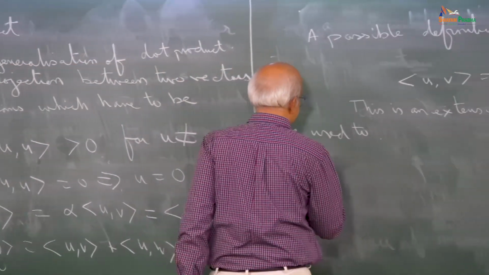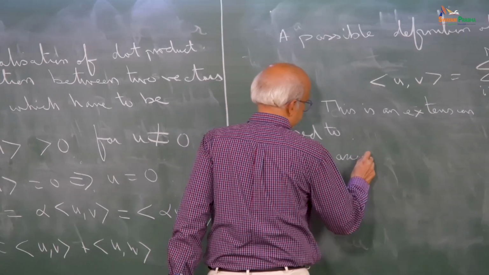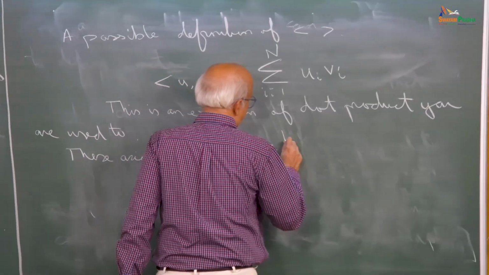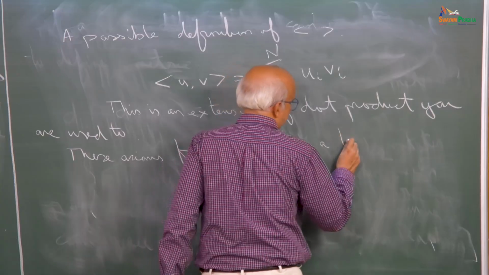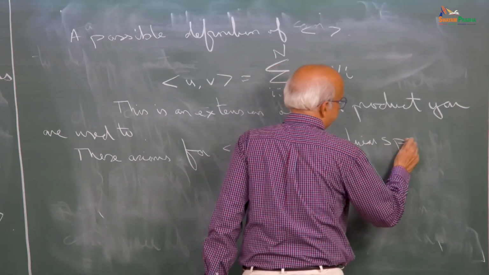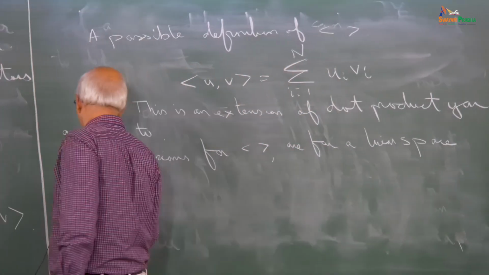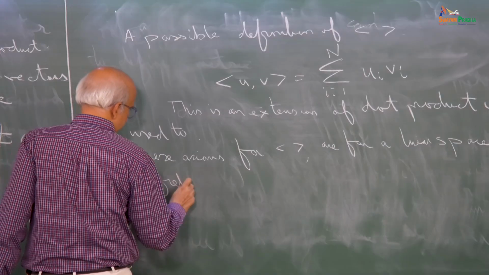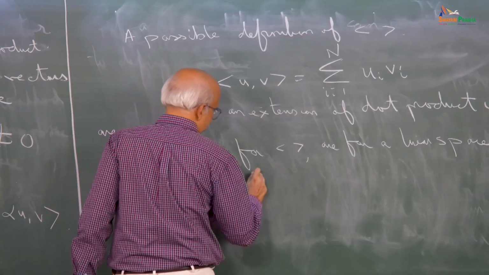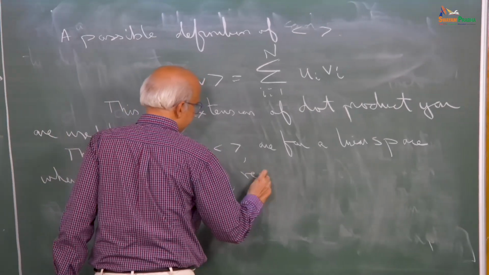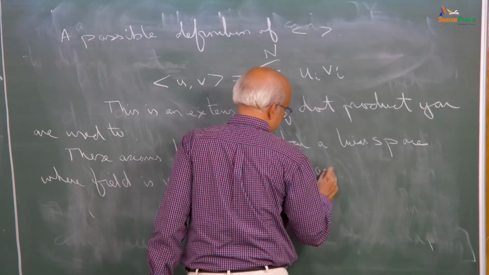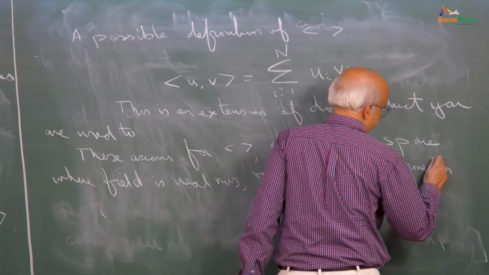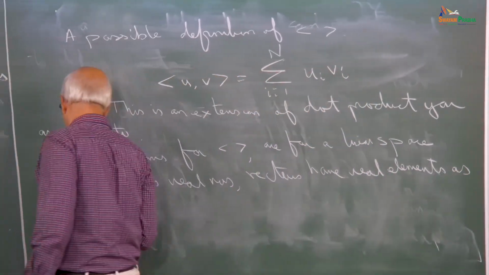So, these axioms for the inner product are for a linear space where the field is real numbers and vectors have real elements as coordinates.